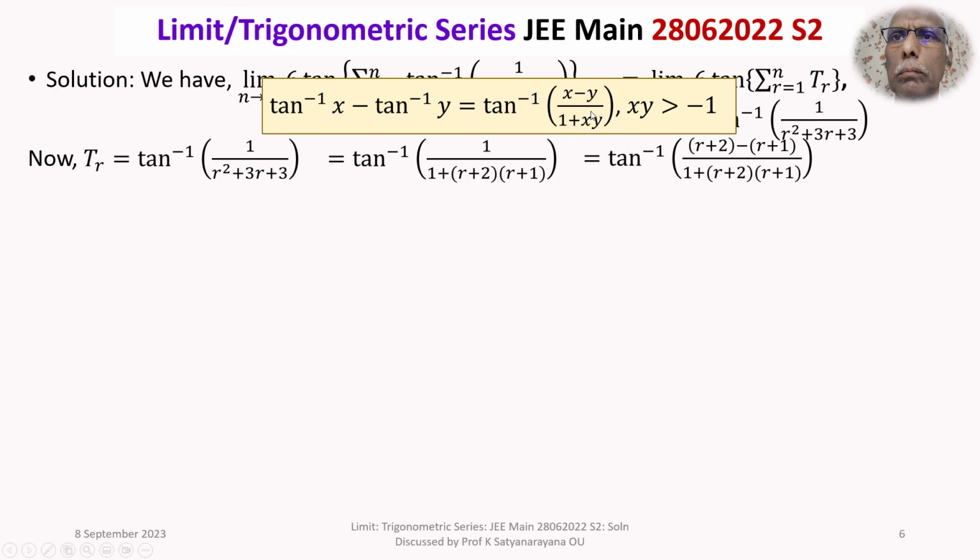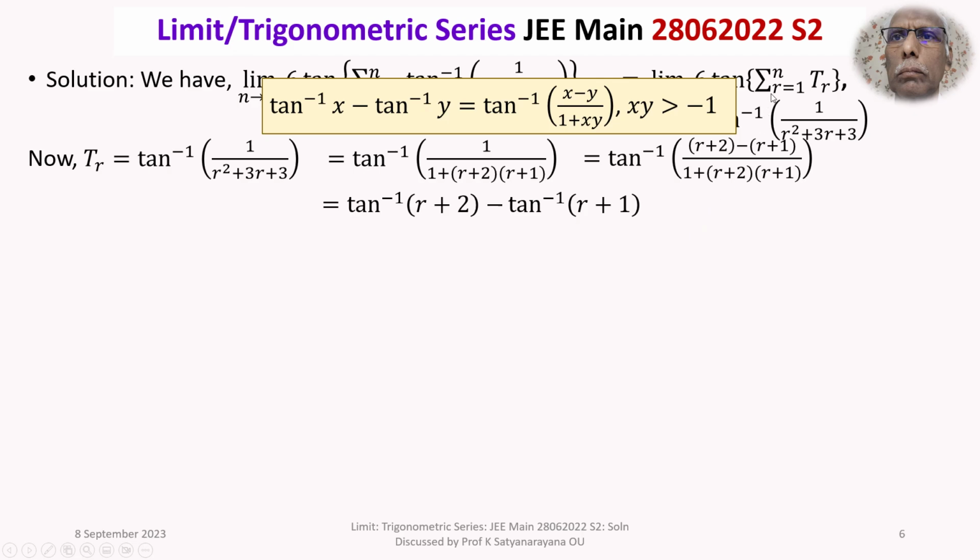Here x is r plus 2, y is r plus 1, and r runs from 1 to n. The least value of r is 1, so r plus 2 is 3, r plus 1 is 2, and the product is 6, which is greater than minus 1. Therefore this rule applies, and tr equals tan inverse of r plus 2 minus tan inverse of r plus 1.